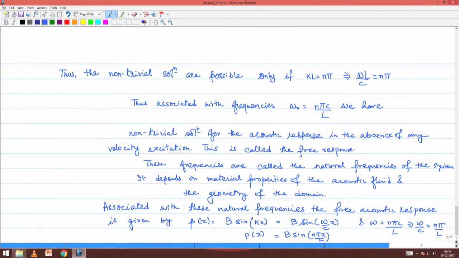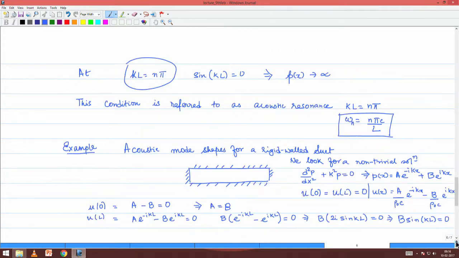What about B? We have not yet evaluated that undetermined constant B. Should we look to evaluate that? Is it still remaining an unknown, or do you think that we have already solved the equation? Please note that we are talking about a homogeneous solution. This is a homogeneous equation in the absence of any right hand side. Therefore, any solution to this homogeneous equation, if multiplied by an arbitrary constant, remains a solution.